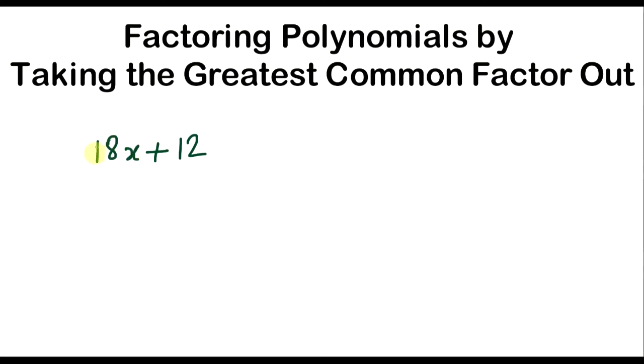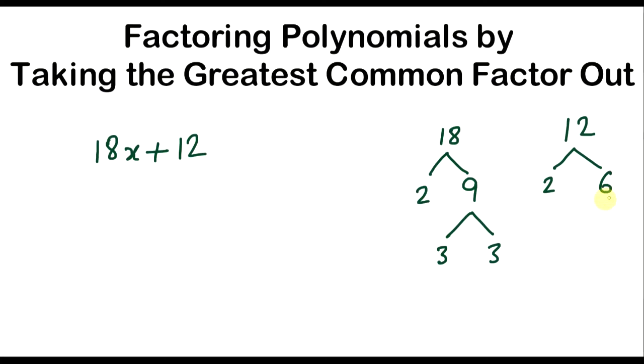As here we have 18 and here we have 12, let's find out the GCF of 18 and 12. 18: 2, 9, 3, 3. And 12: 2, 6, 2, 3.